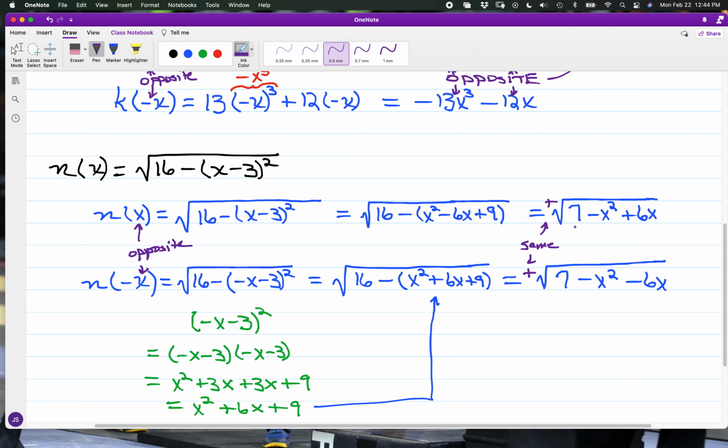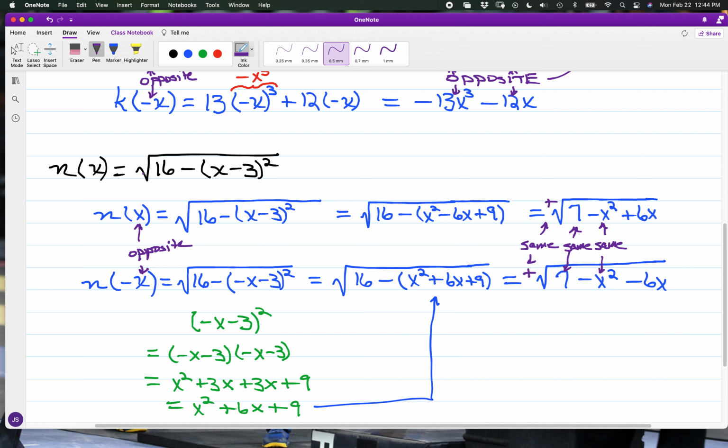So those are the same. If you notice inside the radical now, we've got 7 and 7. Those are the same. We've got negative x squared and negative x squared. Those are the same. And upon first glance, it looks as if we're going to be on our way to having this be an even function.